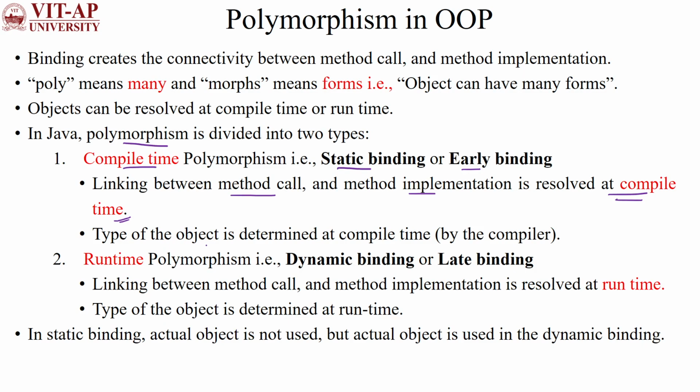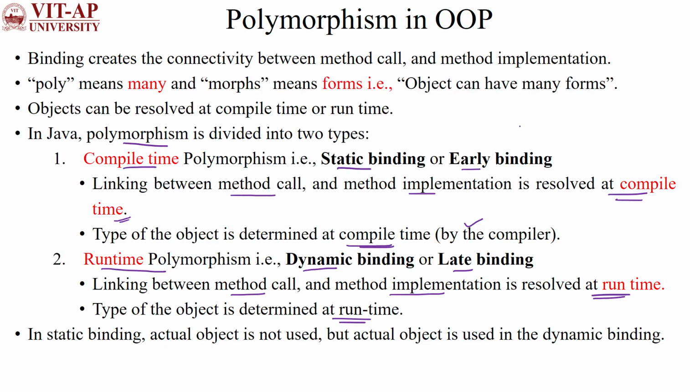The type of an object is determined during compilation time by the compiler. Runtime polymorphism is the second category, which is also called dynamic binding or late binding, which creates the connection between the method call and the method implementation during runtime. The type of an object is determined during the runtime of our program.